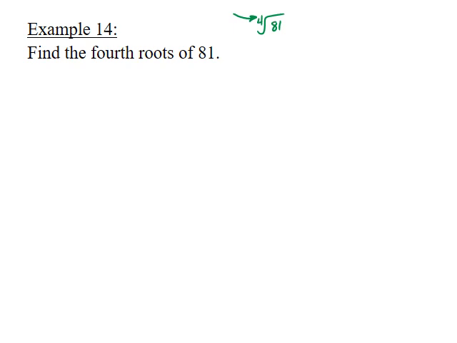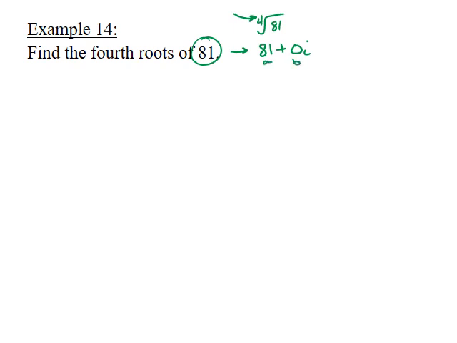So, the first thing we want to do is write this in polar form. Now, 81 can be written as 81 plus 0i, where 81 is A and 0 is B.